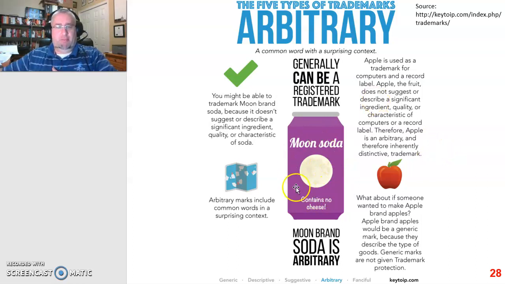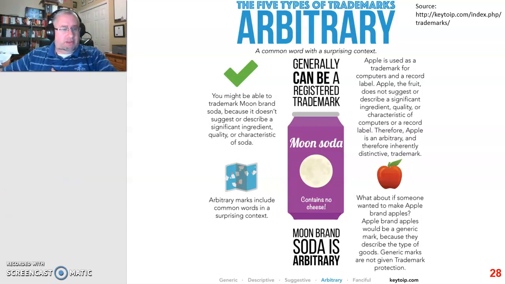So they've got Moon Soda as one example, and then they use Apple as another trademark describing Apple computers, right? So Apple is a fruit; it doesn't have any suggestion at all, or any ingredient, or any characteristic or quality that in any way suggests a computer. Thus, it's an arbitrary trademark.